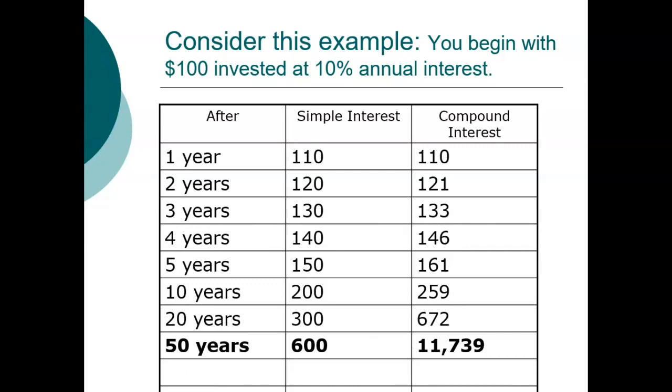But if we have something invested for 50 years, we have a huge difference. At the 50-year mark, our $600 that we would have made could actually be $11,739. So compound interest is your best friend when investing, because over time that's going to grow exponentially.